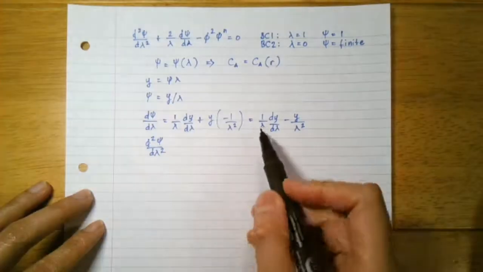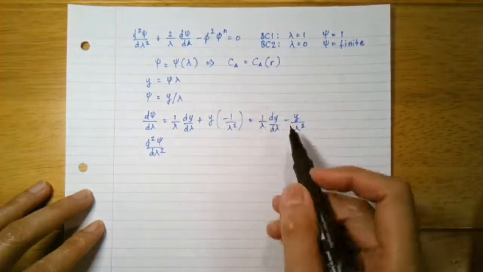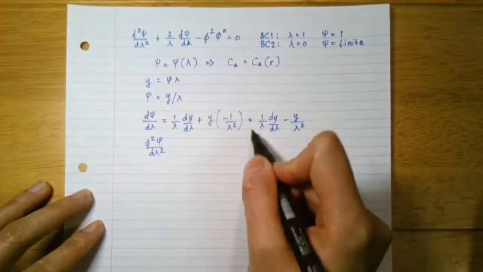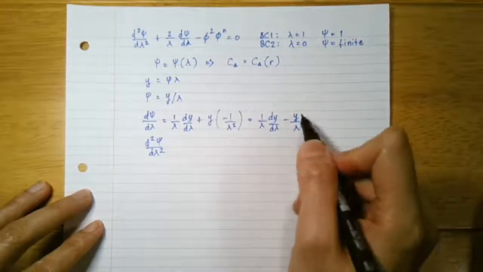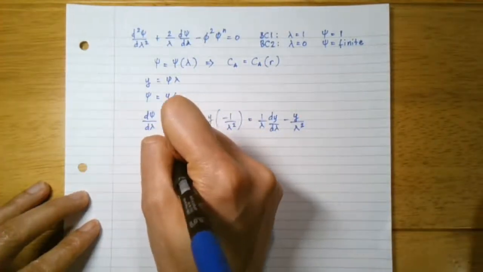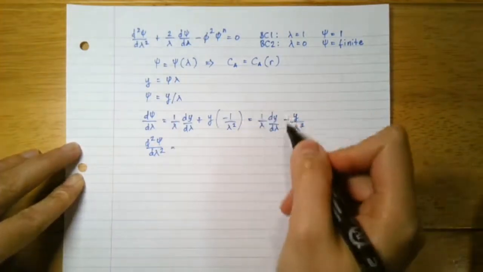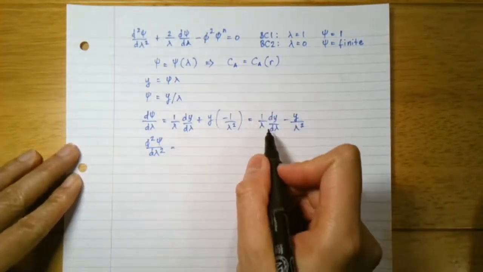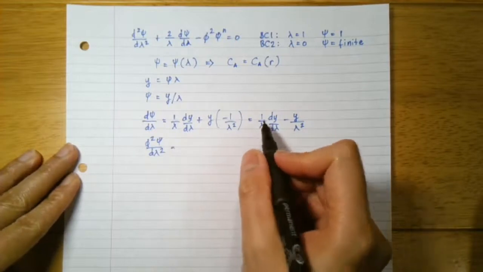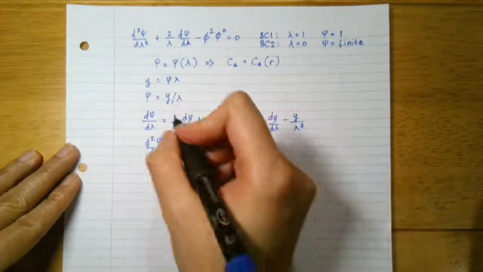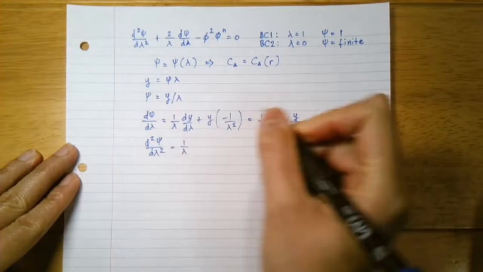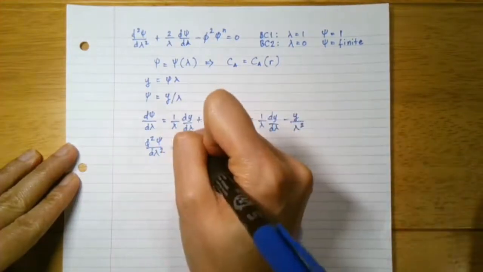So we will have to apply the product rule twice, once for this term and another one for this term. Okay, so let's do this one first. Applying the product rule, first let's hold 1 over lambda constant and differentiate dy d lambda.